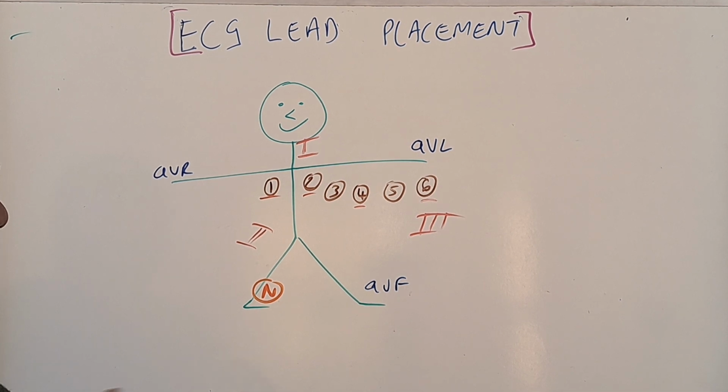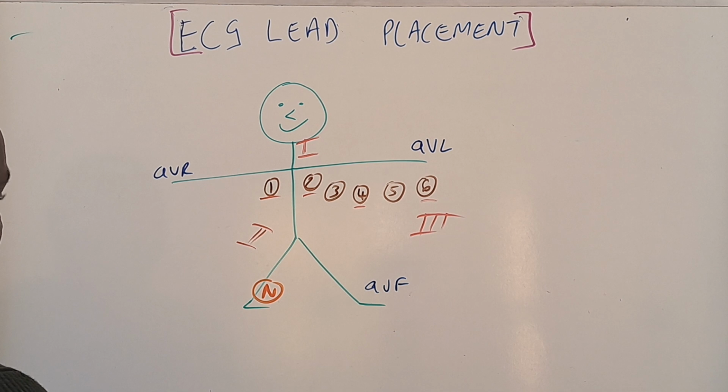It's not really an active lead, it's just an earth, right? So this is our person now. If we put our electrodes like this and connect our leads like this, we can be sure that whatever reading we get from our ECG is going to be correct.